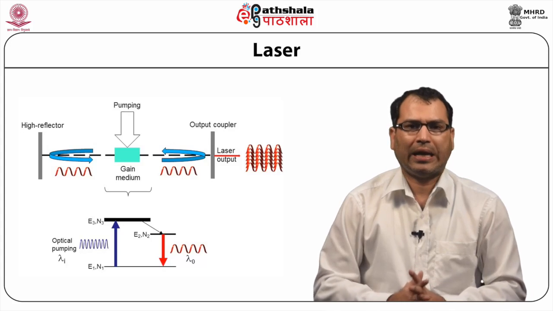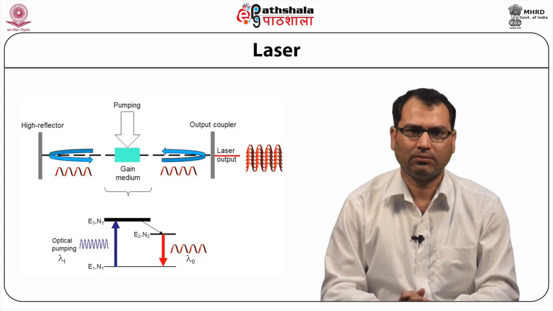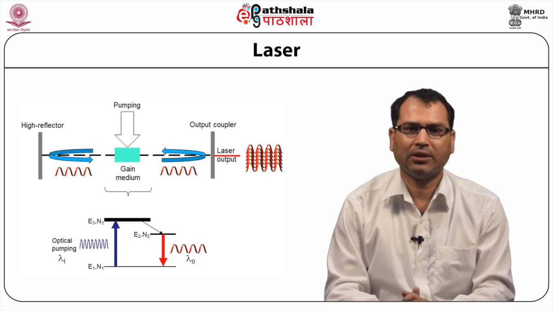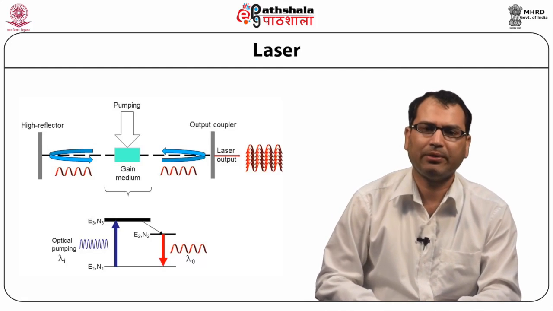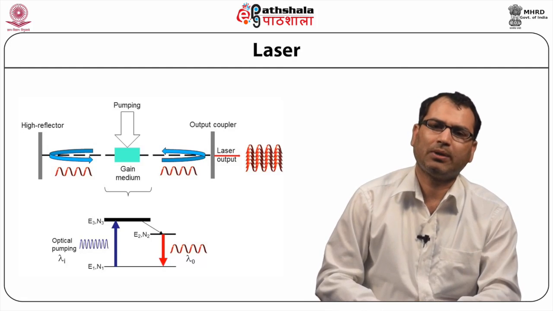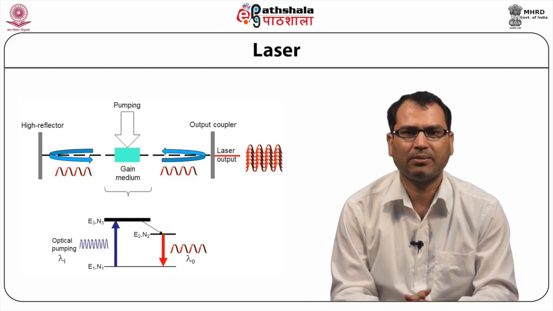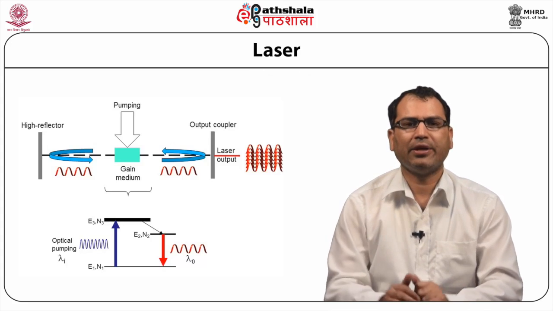So the lower diagram in this slide is to explain the lasing phenomenon. What happens here? You have some kind of optical pumping of the gain medium. In this particular example, it is happening through optical pumping, meaning you have some incident photons and they excite the gain medium.